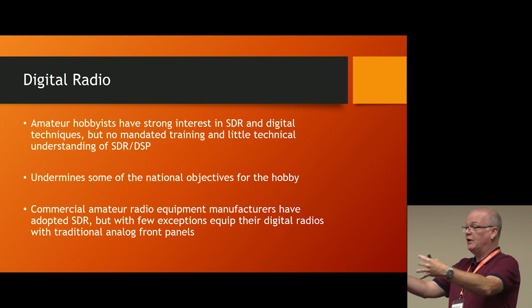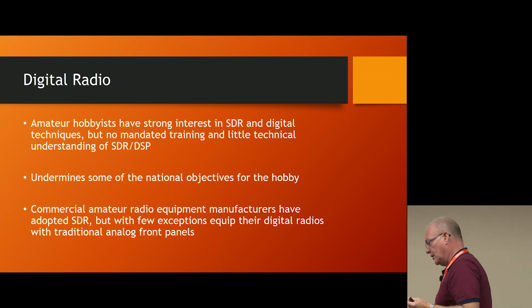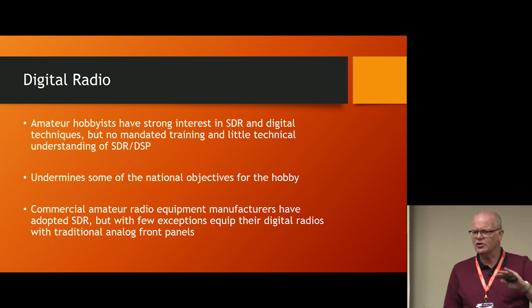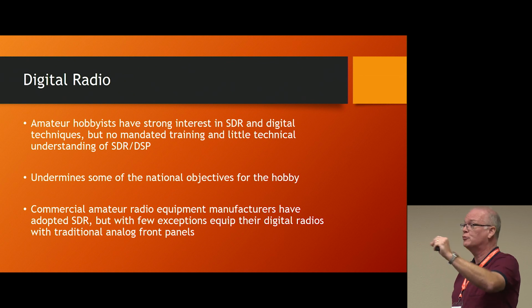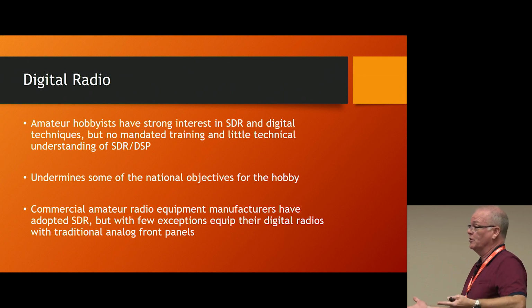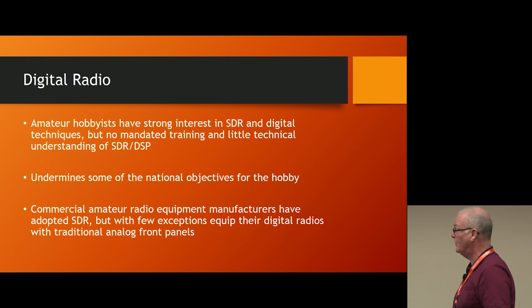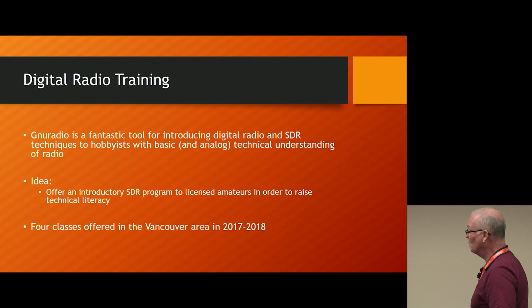On one of the latest radios, I think there are 100 or 120 controls if you look at all the options on the front panel. It would be far easier to do it in software behind the scenes, but the users are used to this analog user interface.